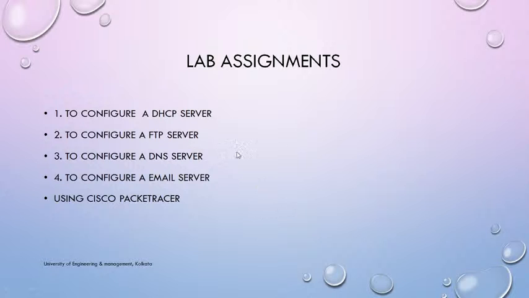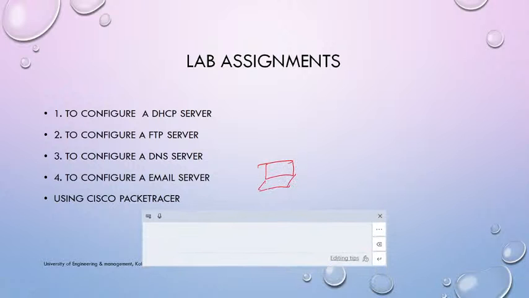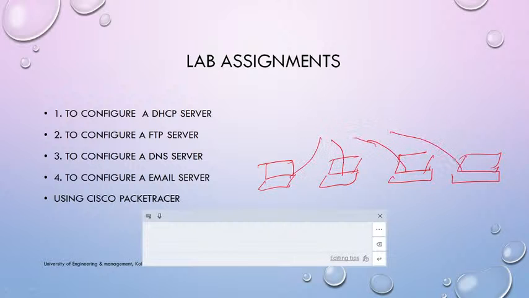Each computer will be assigned an IP address of their own. As you already know, it may be class A, class B, class C, but everyone must be assigned an IP address so that they can be tracked together. They can be individually tracked by means of their IP address.